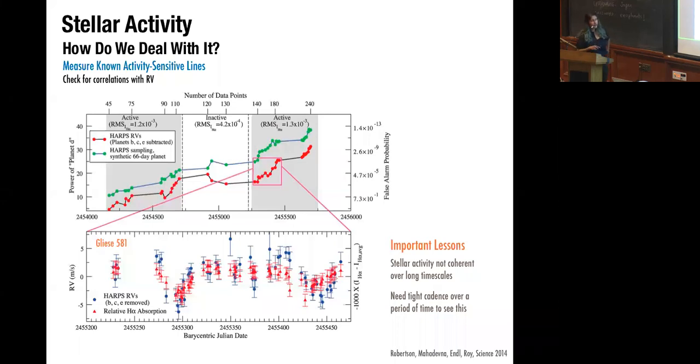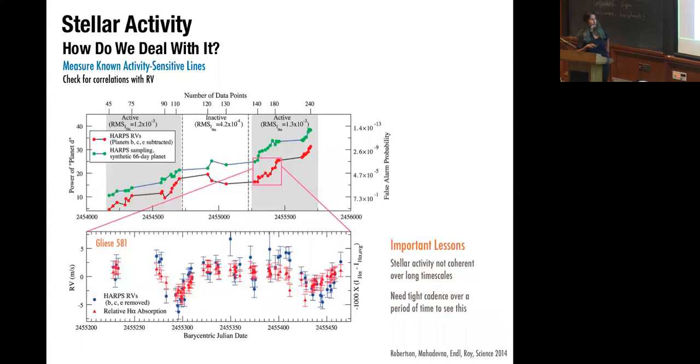The really difficult thing about this is that there was a lot of data on the star, but for most little chunks of data, you couldn't actually see this match. And so we had to go to this patch of data where it happened to be that the stellar activity was clearly apparent in the indicators that we were looking at, and the sampling was good enough that we could check it.